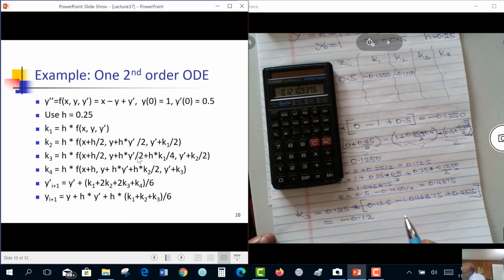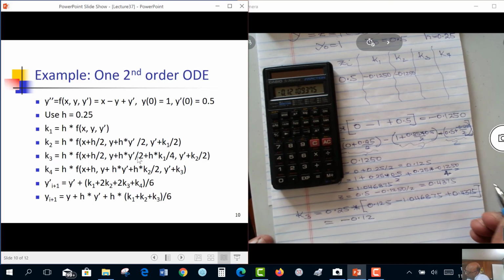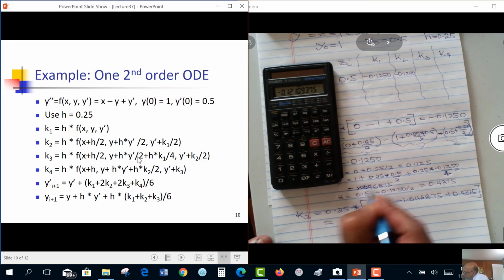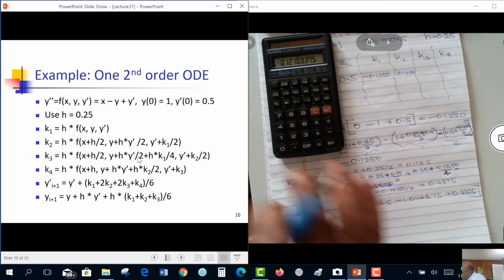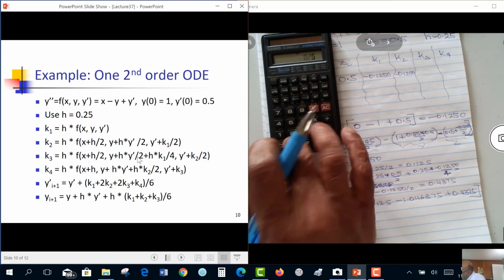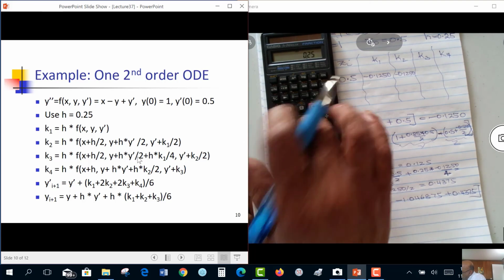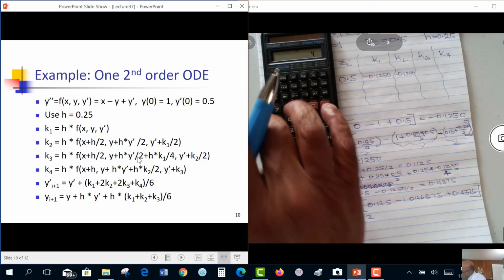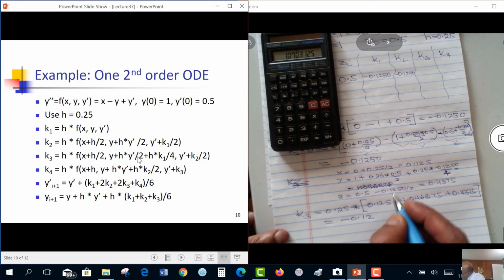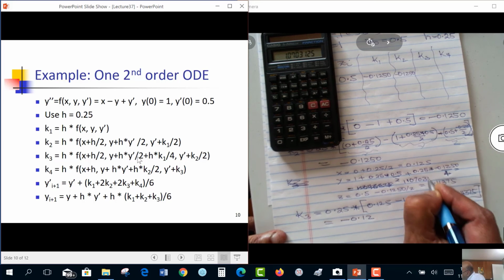I think I had a small error somewhere. Error here. This is HK1 over 4. Sorry about that. So this one will become 1.0703125.